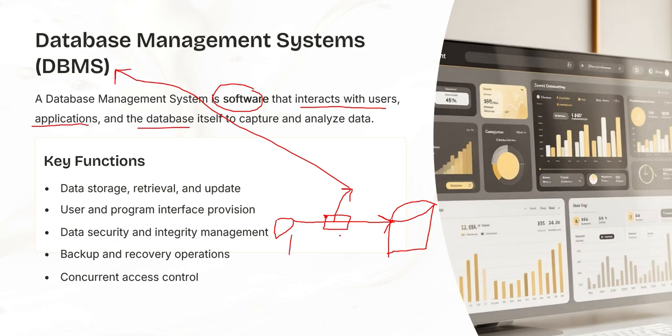So here is a user, here is a software application, and here is your database. There is interaction between these three elements. That's what a DBMS can do as a software. So this is how a DBMS works.